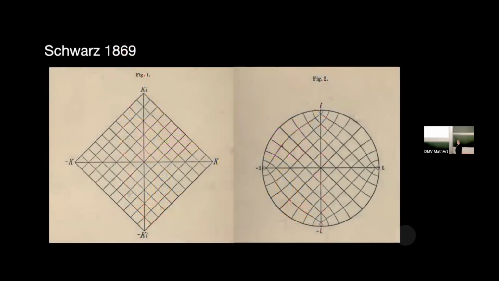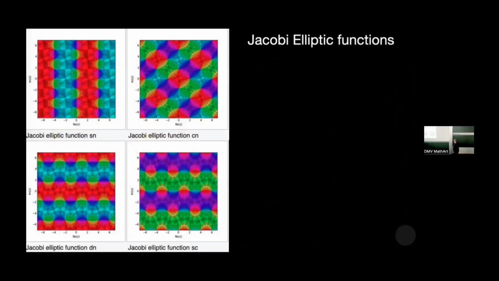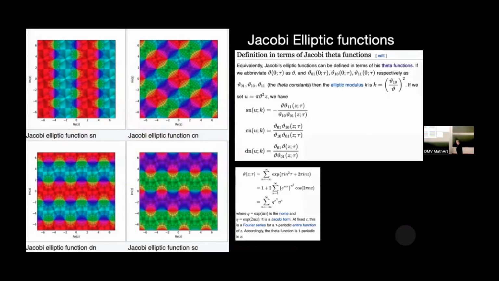You find also, it's perhaps the oldest drawing of a conformal map, which goes back to Schwarz. But if you do it with our method, then it doesn't look that nice. You want that, but you don't get that because of numerical instabilities. So you again have to dive deeper, and at some point you start to use Jacobi elliptic functions to do the deformations.